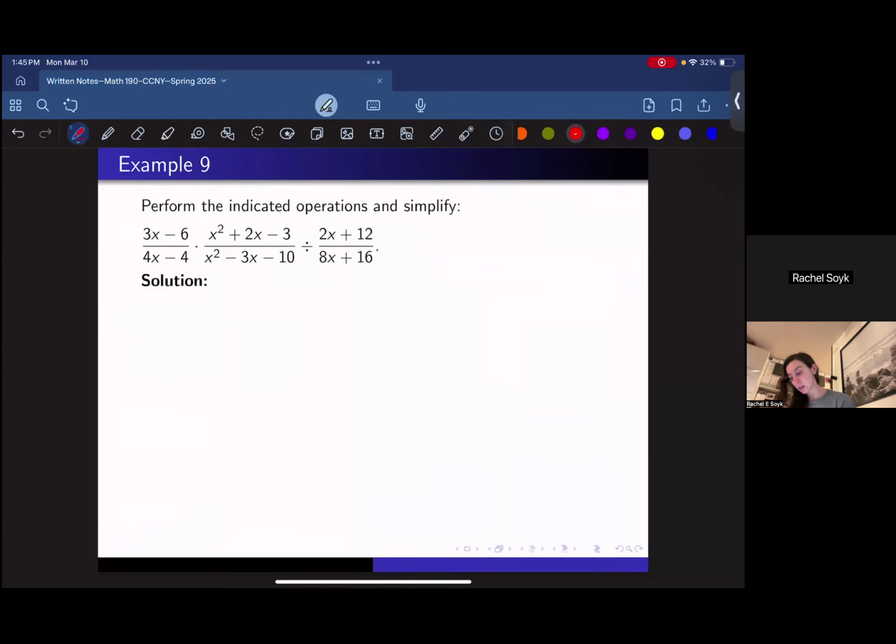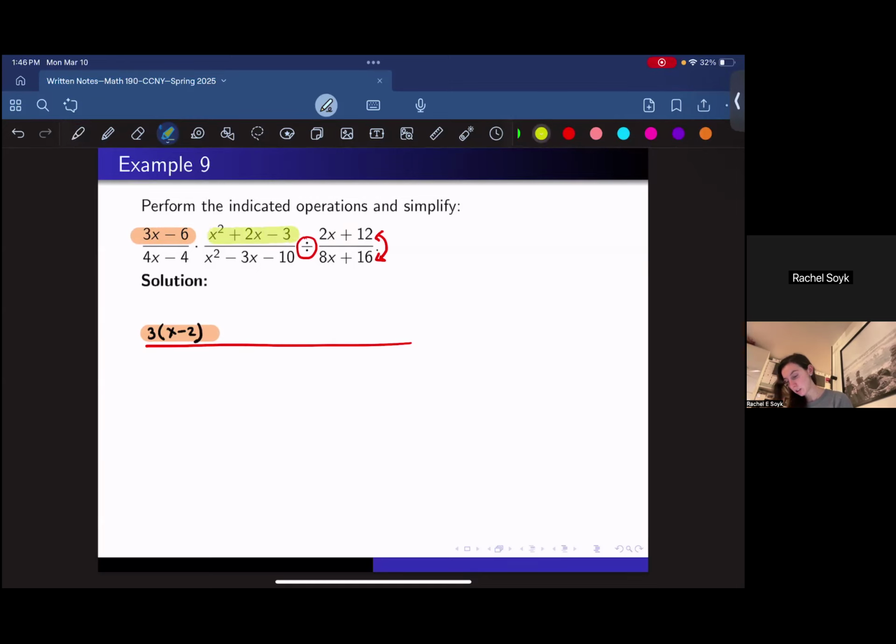And so I'm going to put this all under one fraction, and I want to just be mindful that because of that division, I need to flip this numerator and denominator. As I'm putting it under one fraction, I'm going to try and pull out some greatest common factors to simplify along the way. I can pull out a 3, and I'm left with x minus 2.